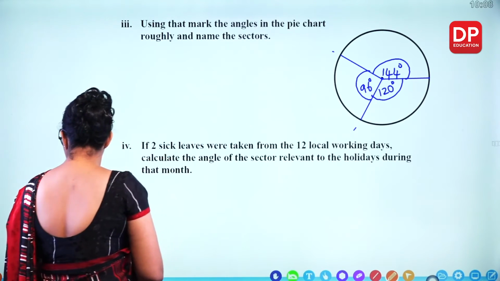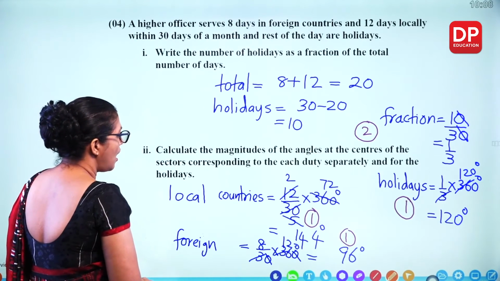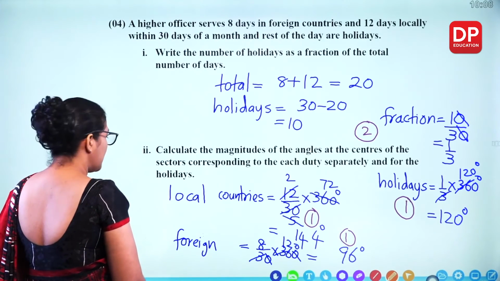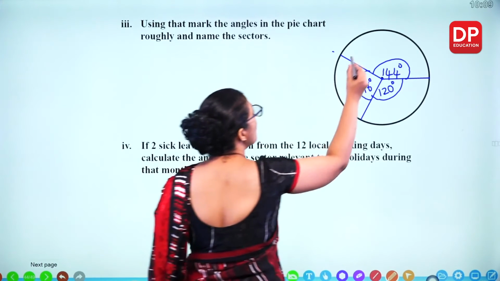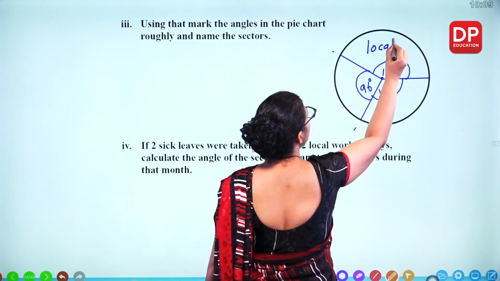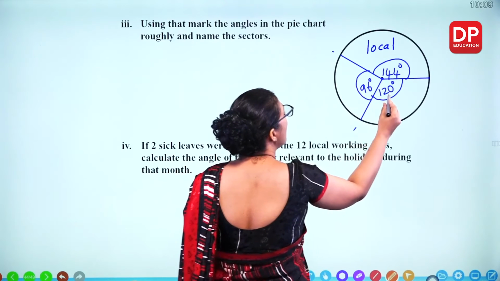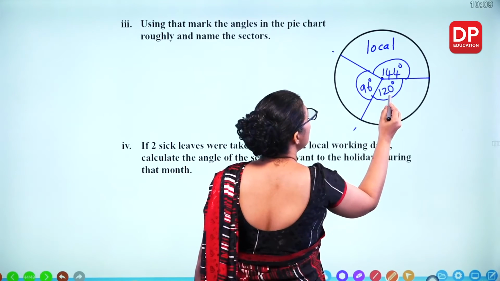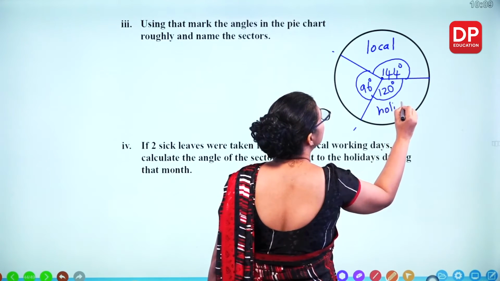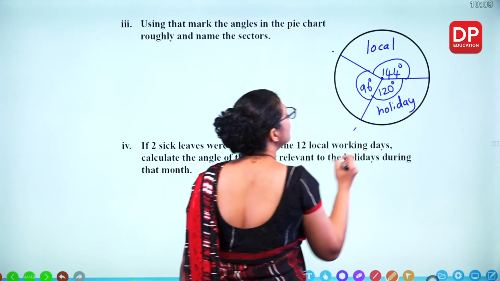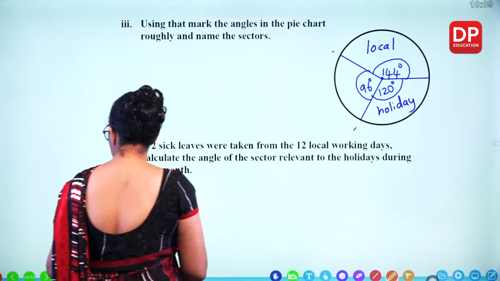Now we can label. 144 means local. 120 means 1/3, that's holidays. And 96 means foreign.